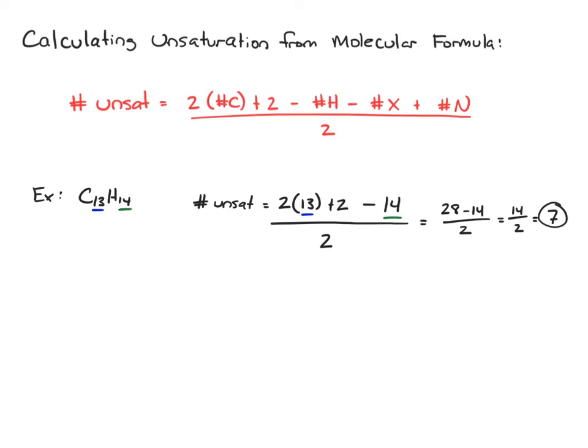All right, so now let's look at one that's a little more complicated, a larger formula, with some other atoms in it. Let's do C5H10N2OBrCl. So kind of a long, complicated formula there.